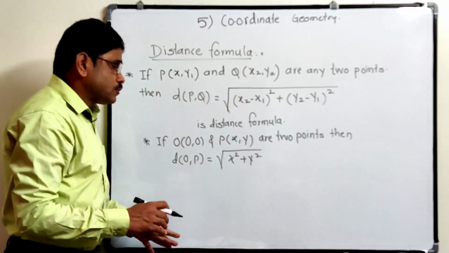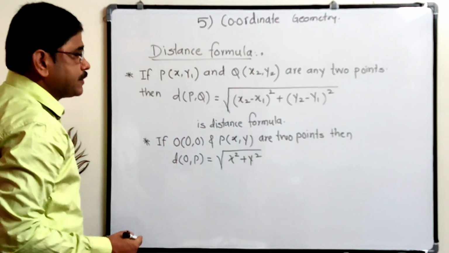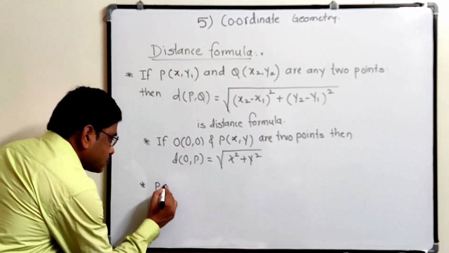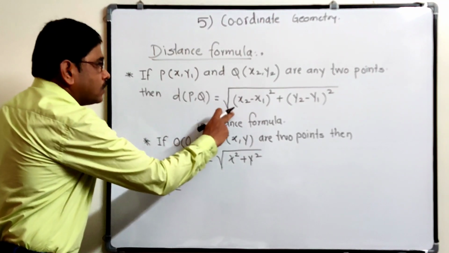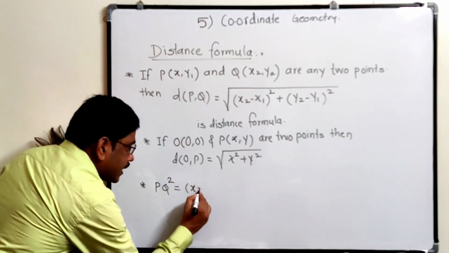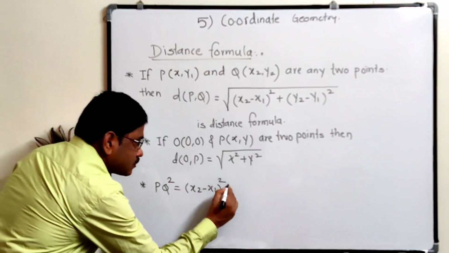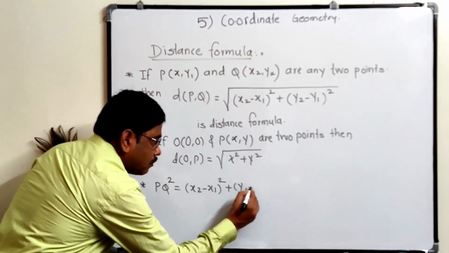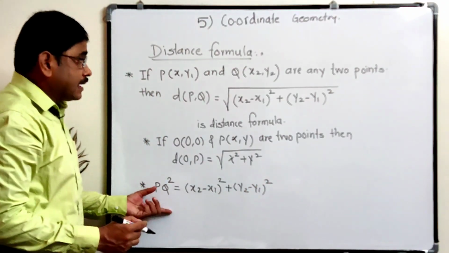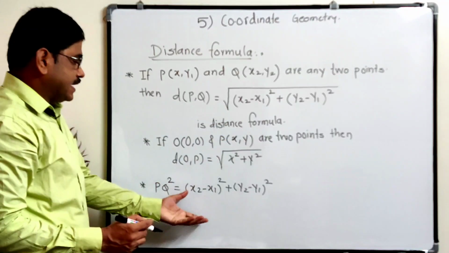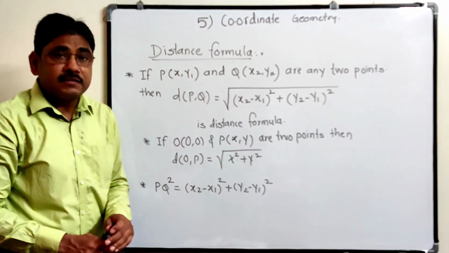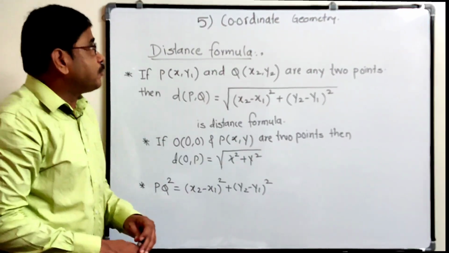And if PQ square is needed, then PQ square is equal to (x2 minus x1) bracket square plus (y2 minus y1) bracket square. If we have to square, then remove the square root, and we get the square. So remember these 3 points while solving practice set 5.1.